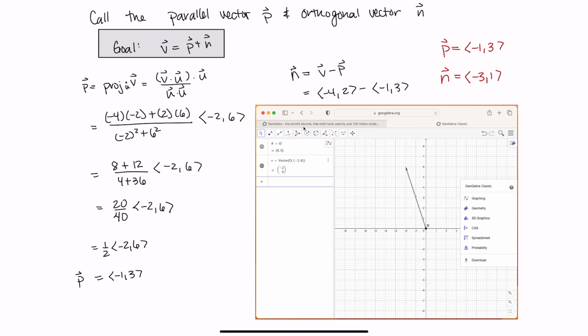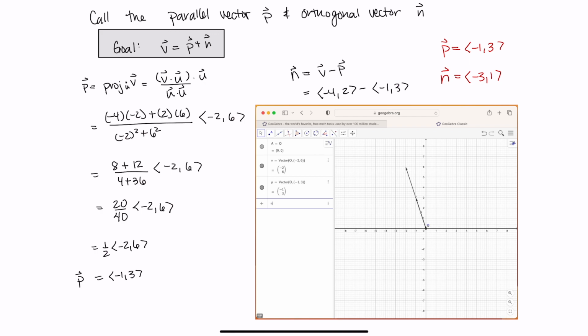There's V. Okay, now I'm going to let P equal vector O, comma, negative 1, comma 3. I think it is very clear, since these two overlap, that V and P are pointing in the same direction.